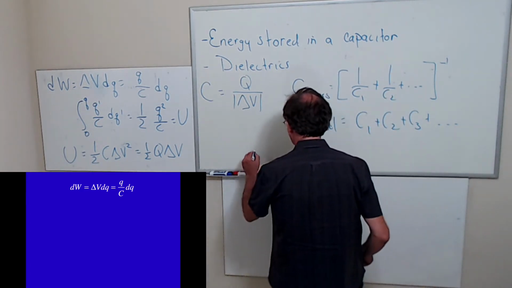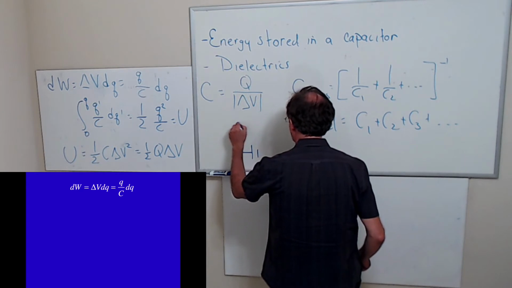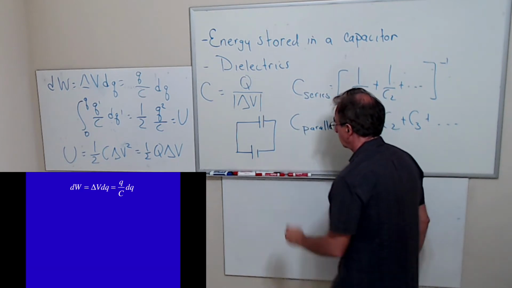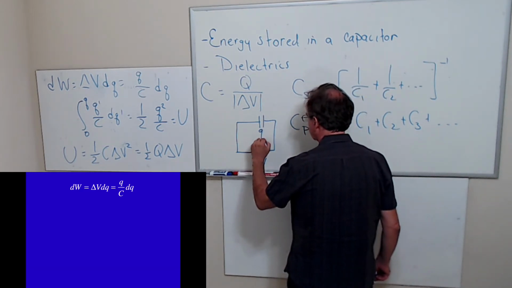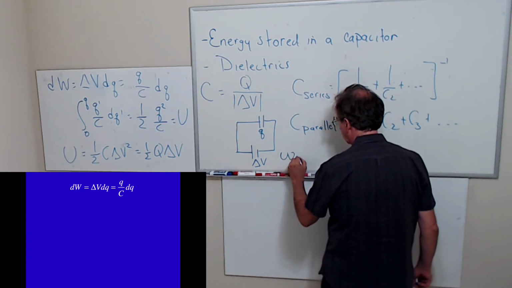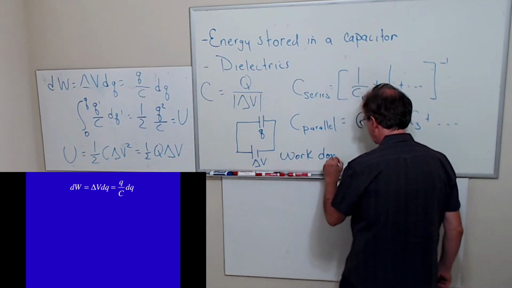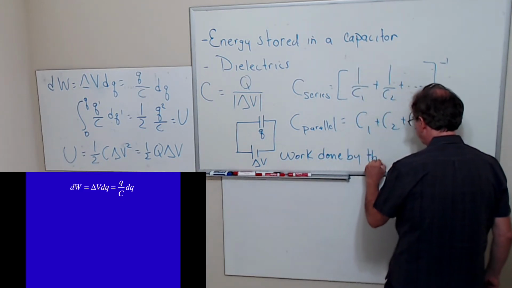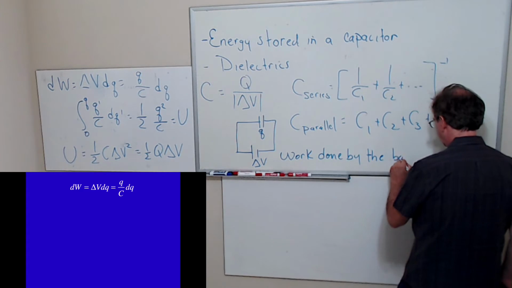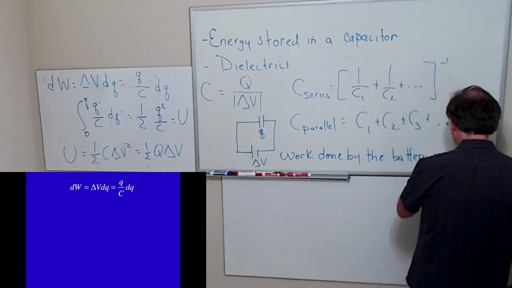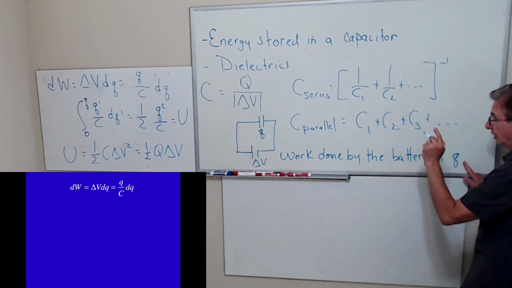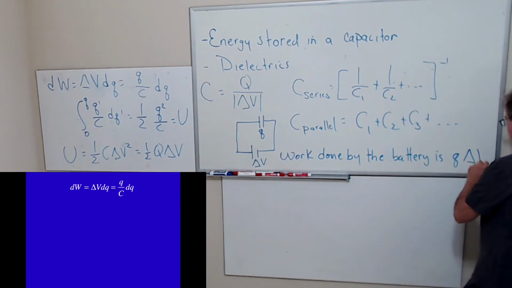If I have a battery and I connect the battery to the capacitor and I charge it to Q, isn't it true that the work done by the battery is the total charge you added to the plates times delta V?